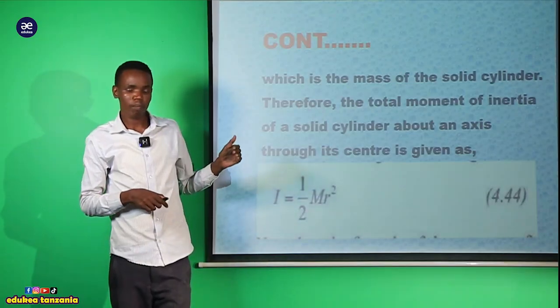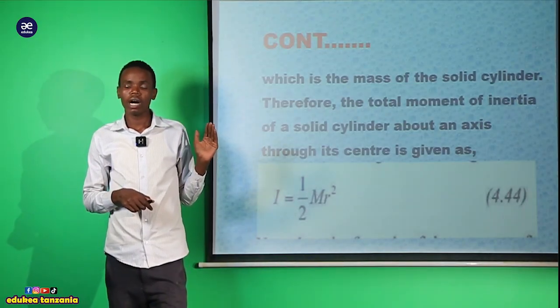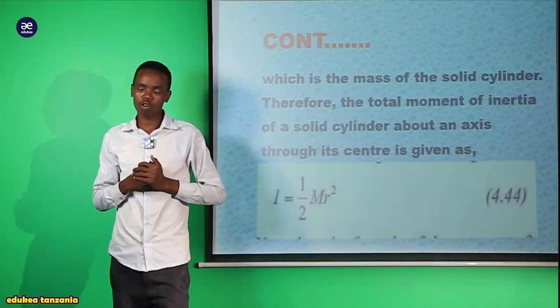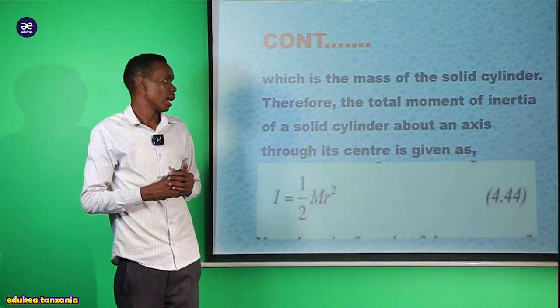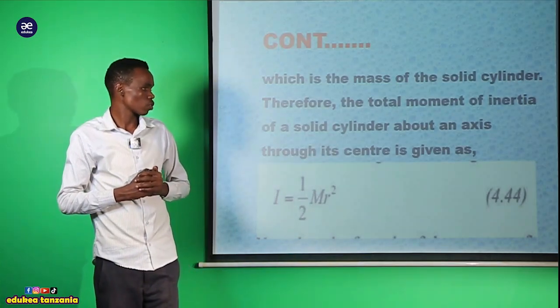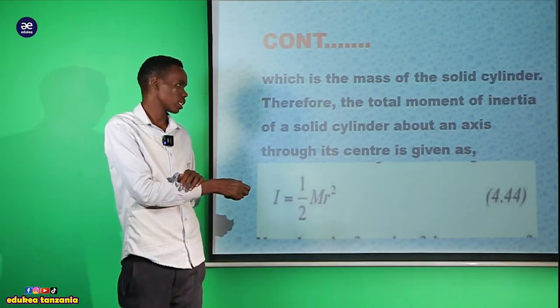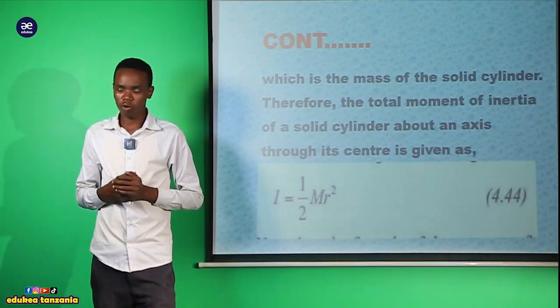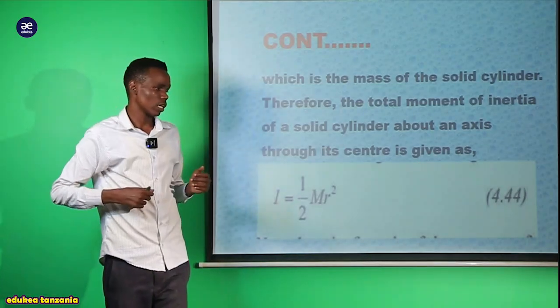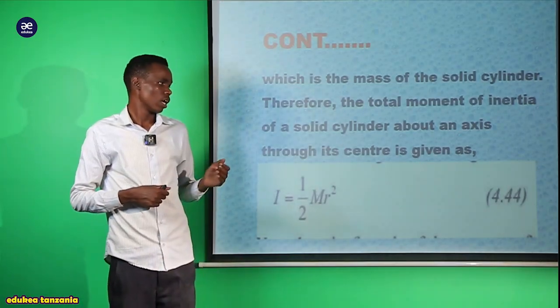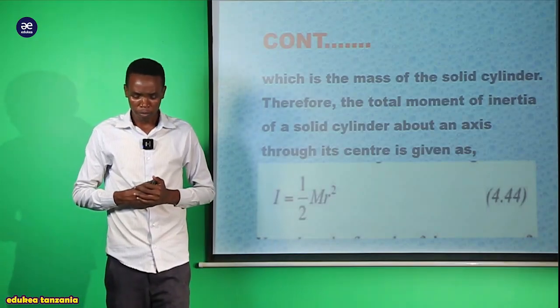where this M, the larger M, represents the mass of the solid cylinder, and I represents the total moment of inertia of the solid cylinder about an axis through its center.